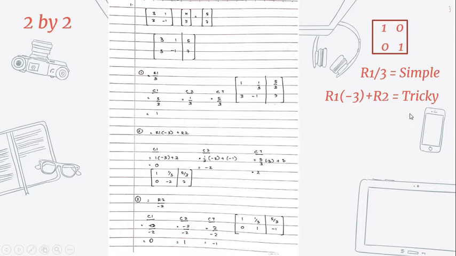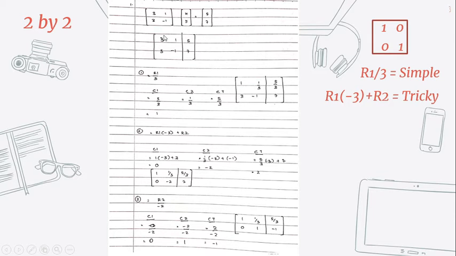The formula is divided into two, which we usually call the simple one and the tricky one. We use the simple one when we want to change any number into 1, and the tricky one when we want to change any number into 0. Remember, in elementary row operations, we have to solve column by column, and when we apply the formula to a row, we have to use it on the entire row.